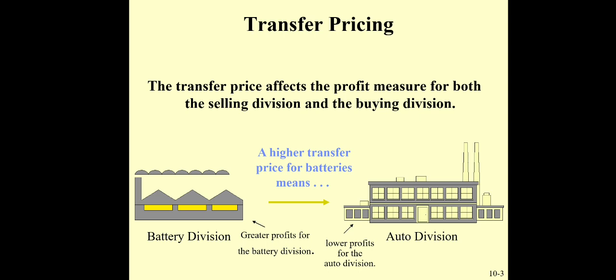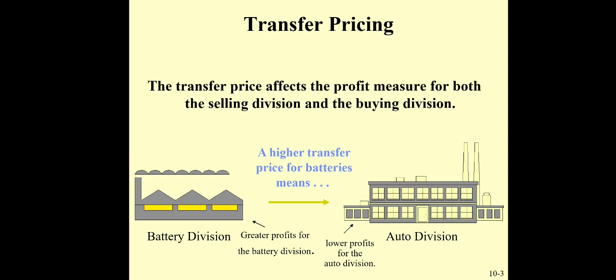In this scenario, the auto division may be producing electric cars. So electric cars need batteries. This is the scenario.